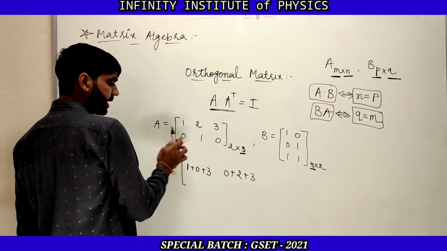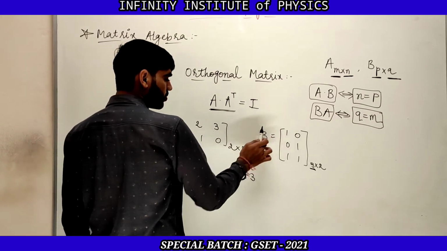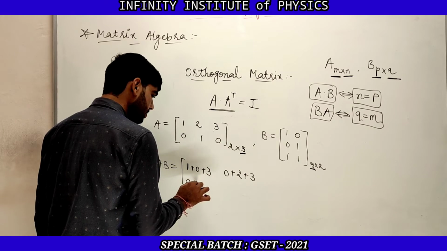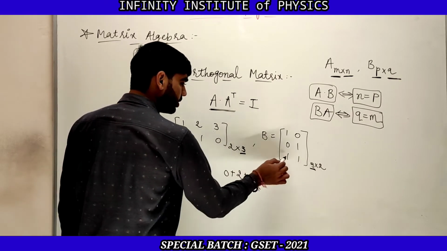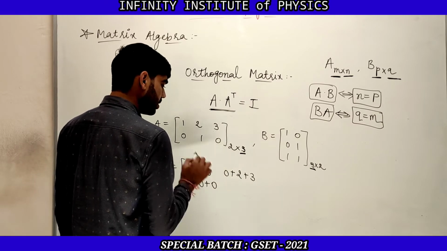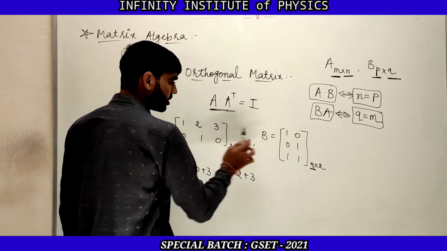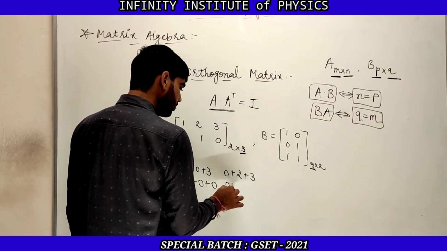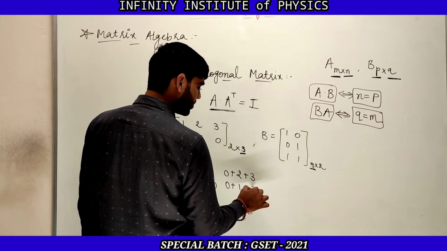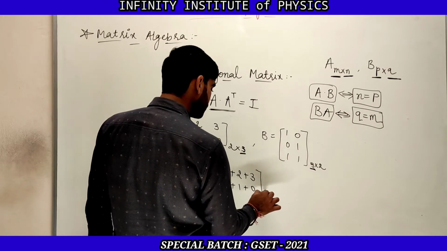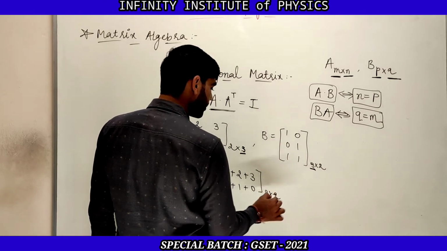Now the next, second row. 1 into 0, so it is 0, plus 1 into 0, so it is 0, plus 0 into 1, so it is 0. Now the second column, 0 into 0, so it is 0, plus 1 into 1, so it is 1, plus 0 into 1, so it is 0. And this is a 2 by 2 matrix.